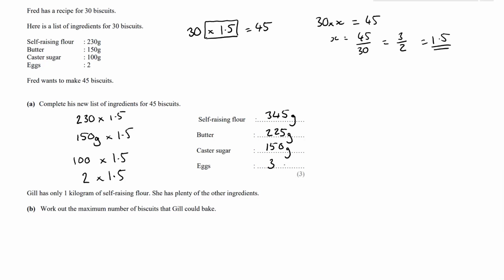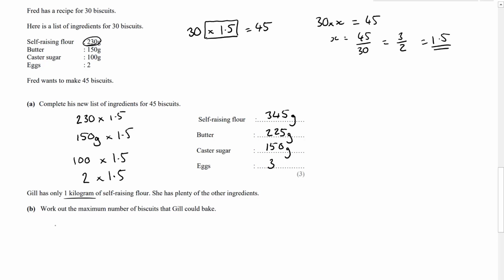So Gil has only 1 kilogram of self-raising flour. She has plenty of the other ingredients. Work out the maximum number of biscuits that Gil could bake. Okay, so the self-raising flour, we're starting with 230 grams, and we're going to figure out how many times does 230 grams go into 1 kilogram, which basically means we're calculating how many times can she make 30 biscuits.